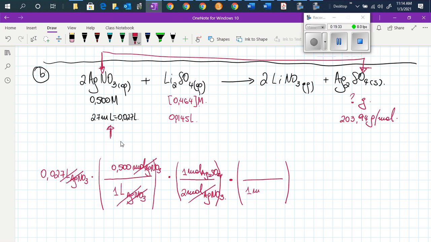So using the molar mass, 1 mole of silver sulfate is 203 grams of silver sulfate. So now moles of silver sulfate is cancelled out, and we are ending up with grams of silver sulfate, which is 1.38 grams of silver sulfate.